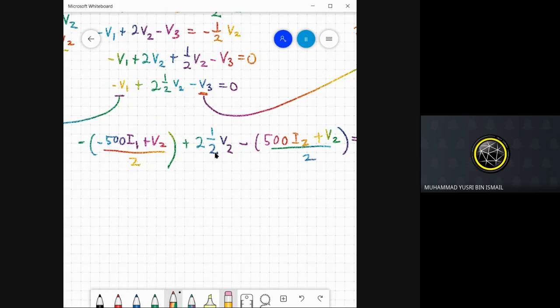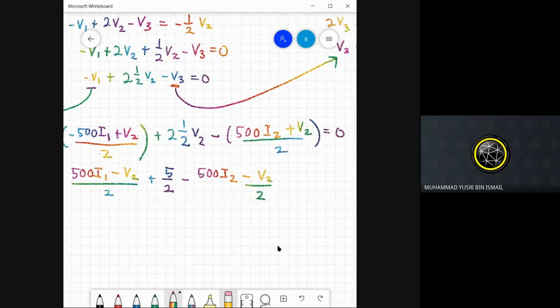So you will have 500 I1 minus V2 over 2 plus V 5 over 2 minus 500 I2 minus V2 over 2 equal to 0.